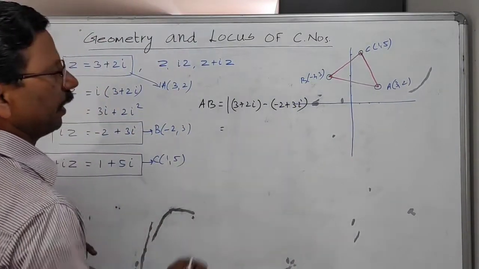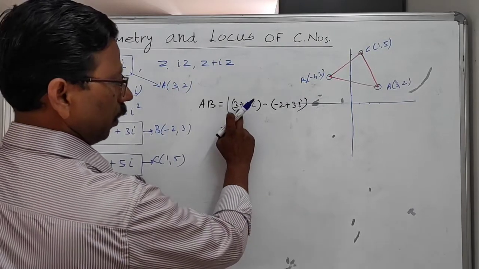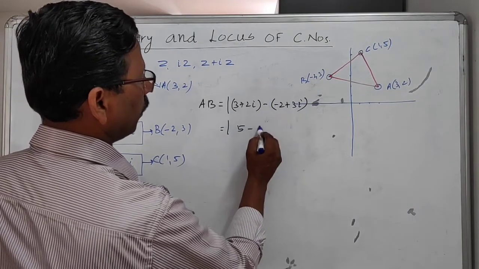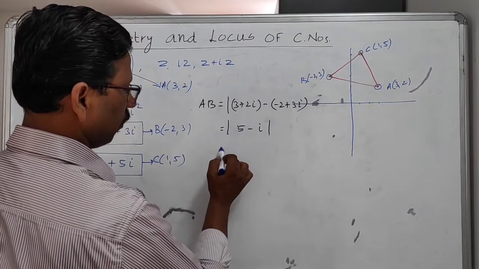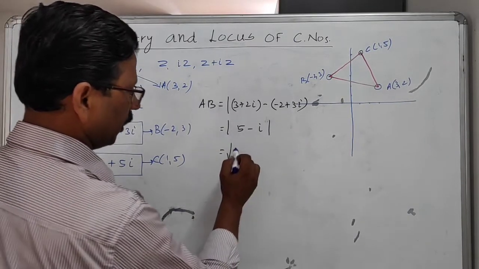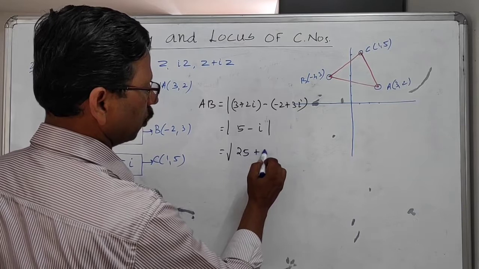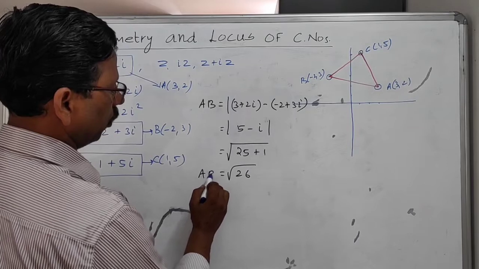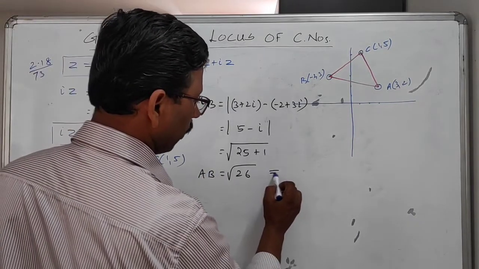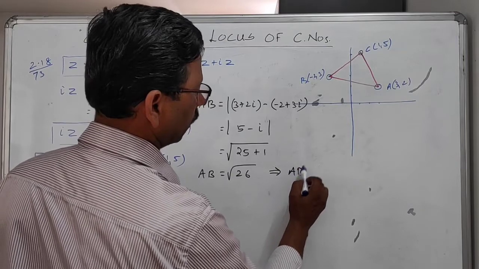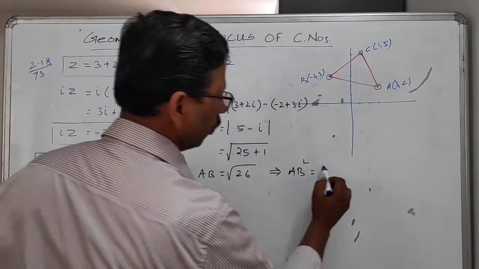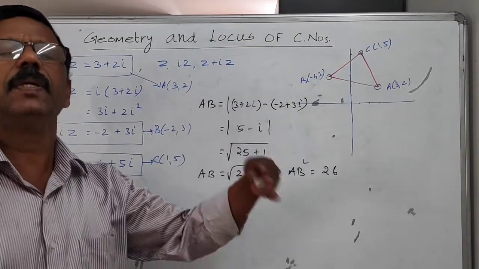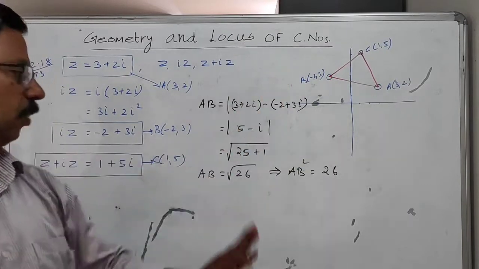Now if you find, you get the modulus of 3 plus 2, which is 5, then 2 minus 3, which is minus 1. Its value is the root of real part square plus imaginary part square, that is 25 plus 1, equal to root of 26. That is AB equal to root 26. This implies AB square is equal to 26. We write AB square because we are going to use the Pythagoras theorem, where we need the squares of the sides.